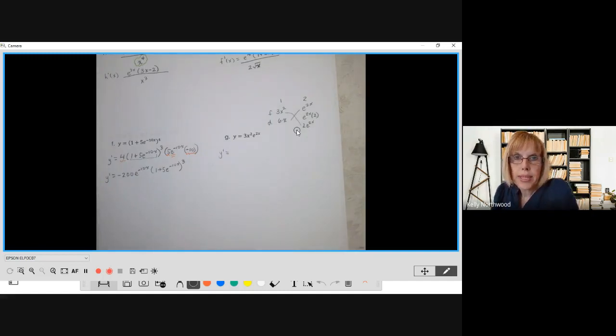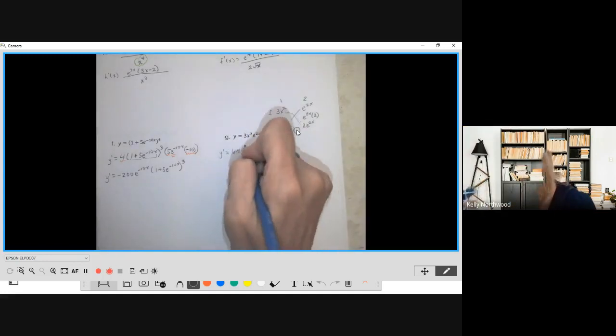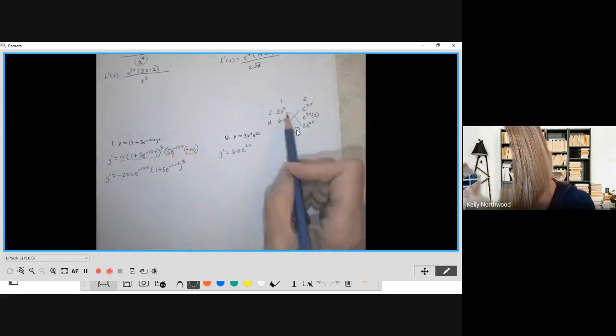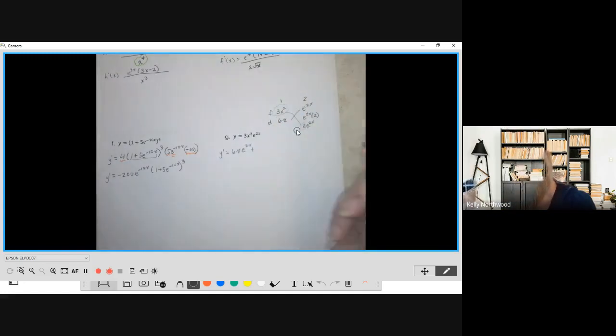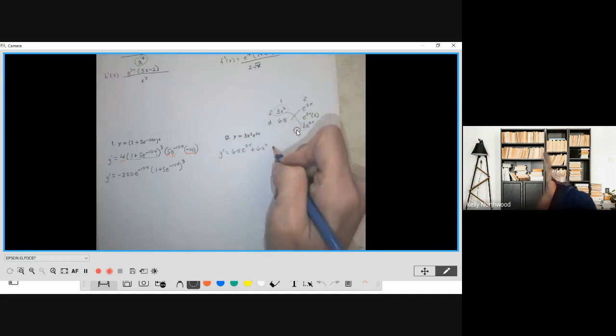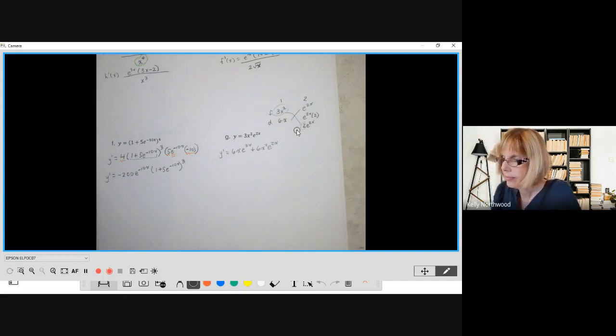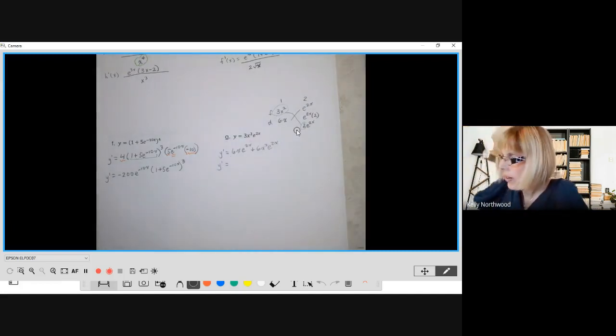So y prime is going to be the derivative of the first times the second, plus, if I'm multiplying 3x squared by the 2, that's going to give me 6x squared e to the 2x. And then I'm looking for a common factor.